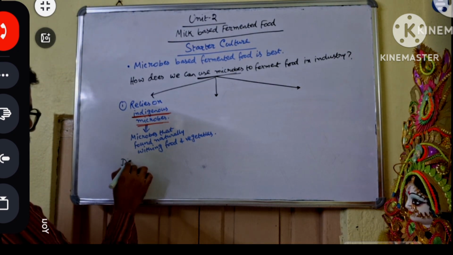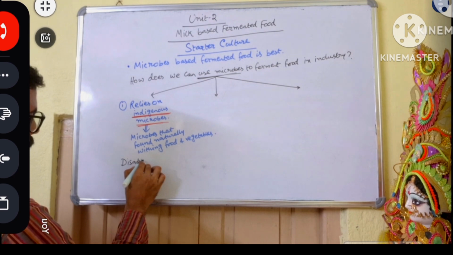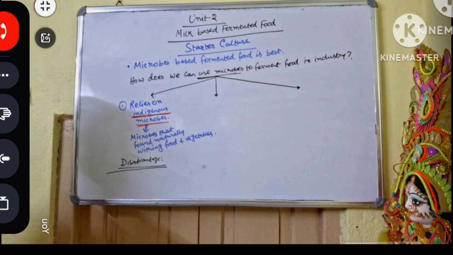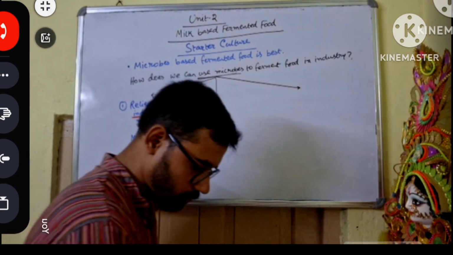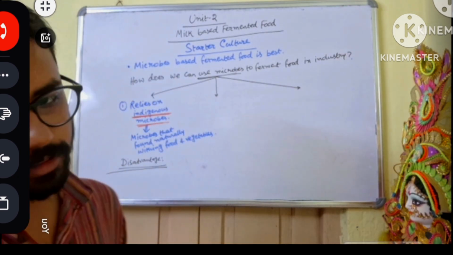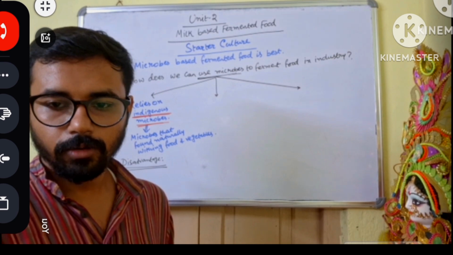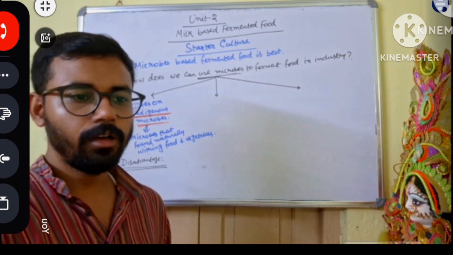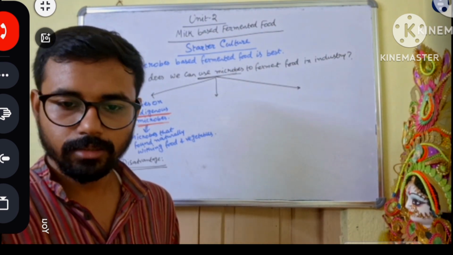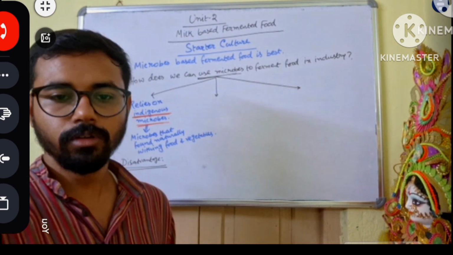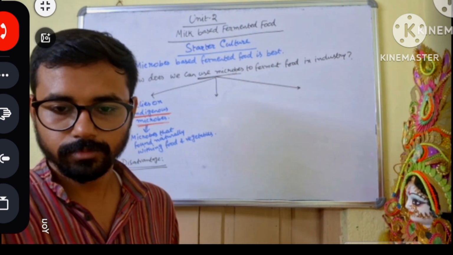But what is the disadvantage of this method? Basically, we cannot produce it actively, because it is so indigenous. We do not use it externally, it is just present in the food products, and they start to create fermentation.